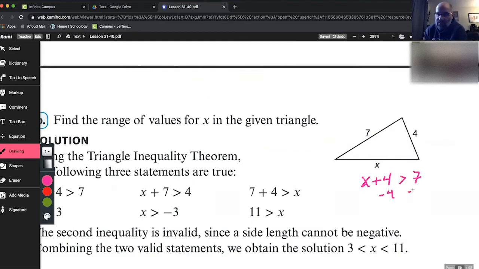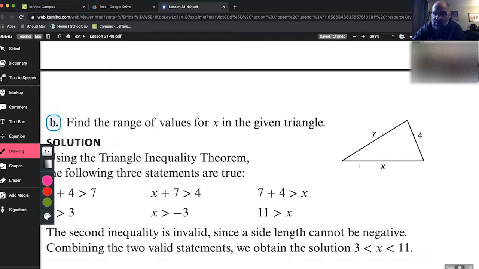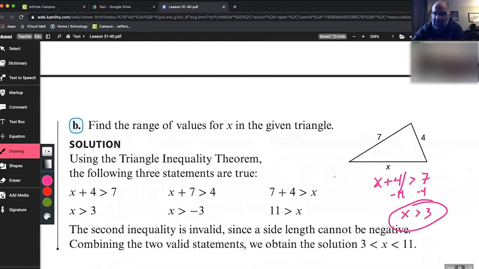Subtract 4, subtract 4. So x has to be greater than 3 for this to be true, okay? Because 4 plus x has to be greater than 7. Well, what do you add to 4 to get greater than 7? Anything greater than 3. 3 doesn't work. Remember, 4 plus 3 equals 7, so it can't be 3. It has to be bigger than 3. Does that make sense? So you can solve that algebraically.